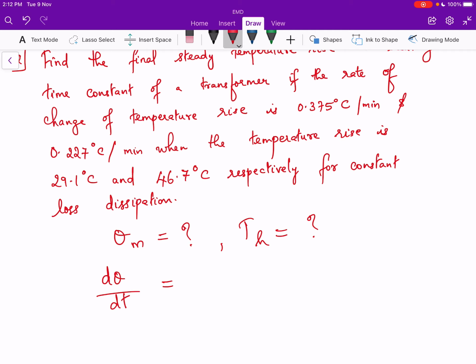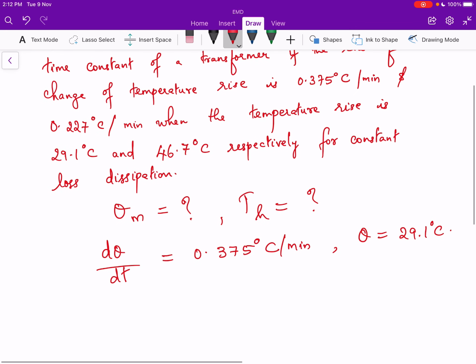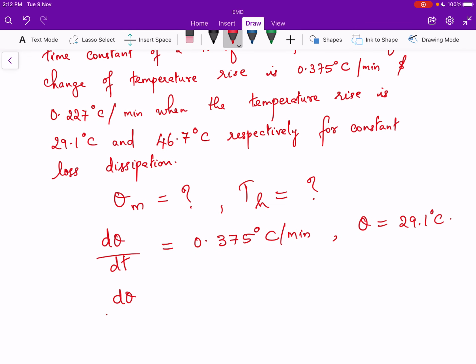So d theta by dt is 0.375 degrees Celsius per minute when the temperature rise theta is 29.1 degrees Celsius, and corresponding to a rate of change of 0.227 degrees Celsius per minute, the temperature rise theta is, it is not theta m, it is theta, 46.7 degrees Celsius.